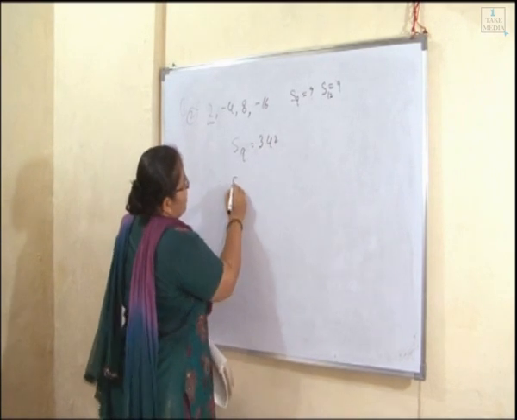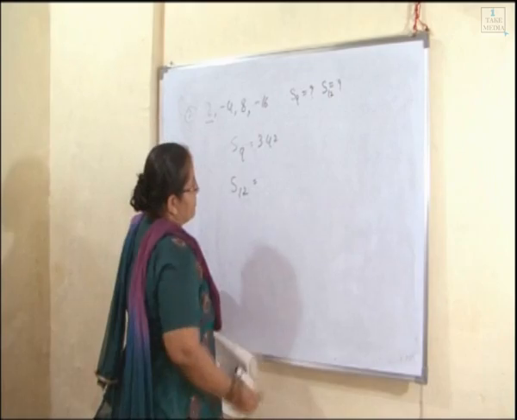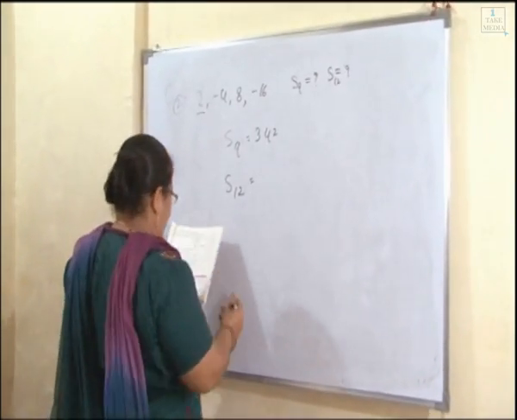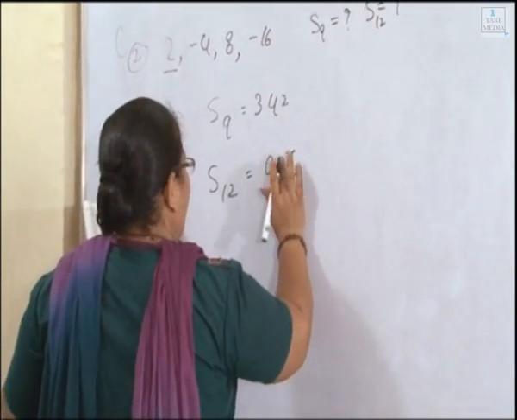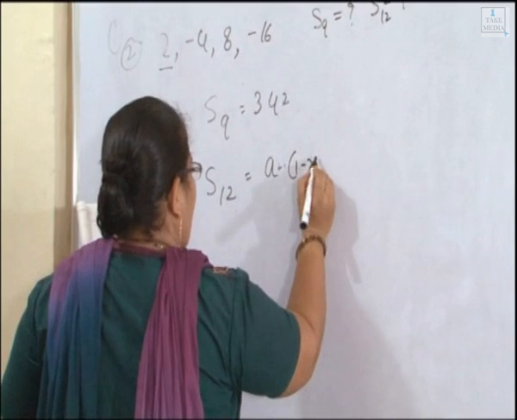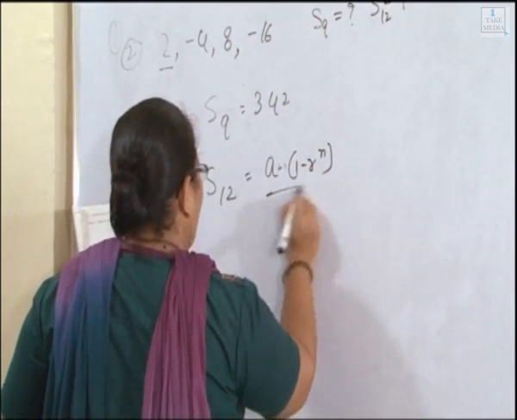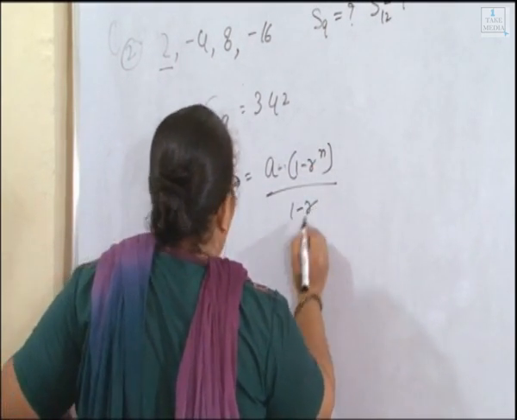Now we will calculate S12. The formula for calculating S12 is a times 1 minus r to the n upon 1 minus r.